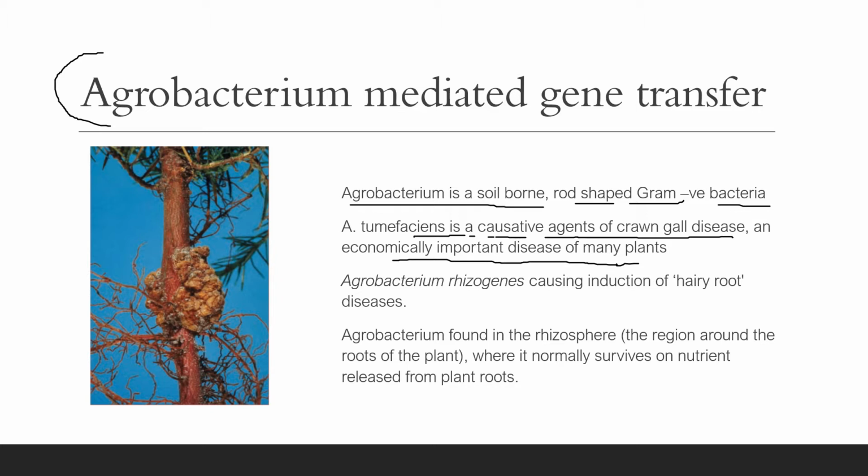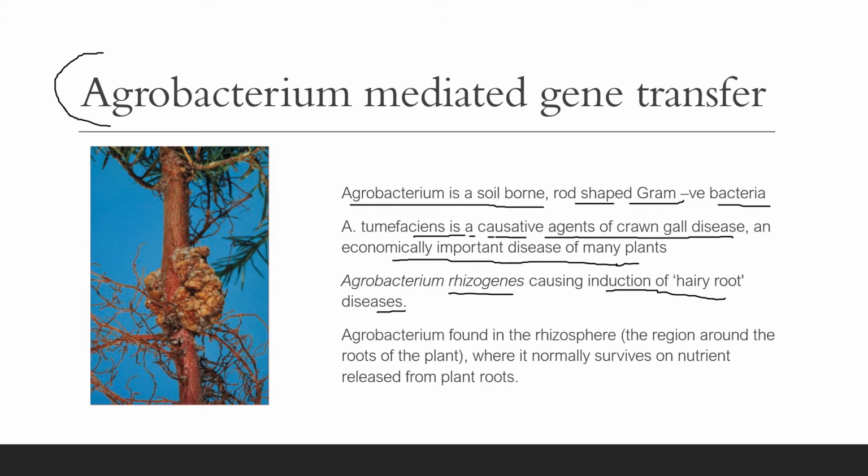Also, Agrobacterium rhizogenes is involved in induction of hairy root disease. So Agrobacterium has different species: one is tumefaciens, another is rhizogenes, and it also has more species. We'll be focusing specifically on Agrobacterium tumefaciens.